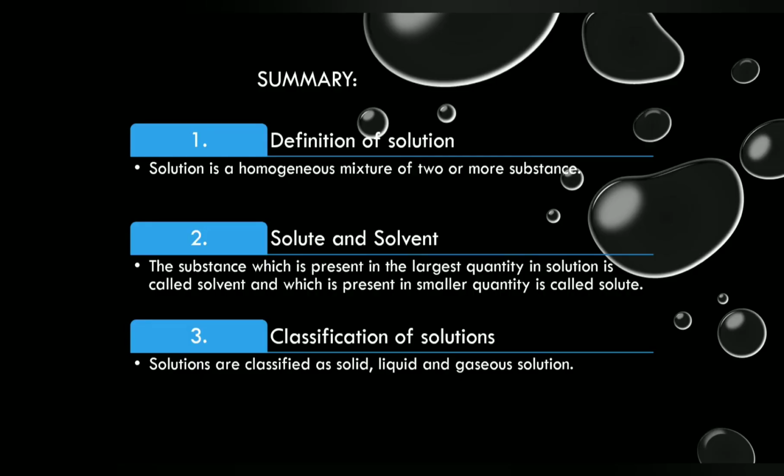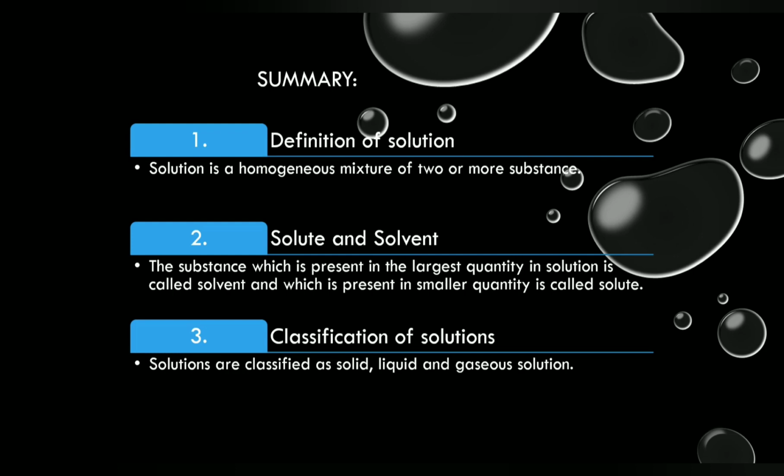So what have we discussed in this video? We have discussed what a solution is. A solution is a homogeneous mixture of two or more substances. The solution of two components is called a binary solution. The two components are solute and solvent. Solute is present in smaller quantity in the solution, and the one present in larger quantity is called solvent.